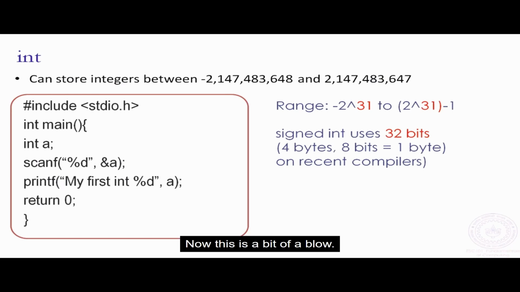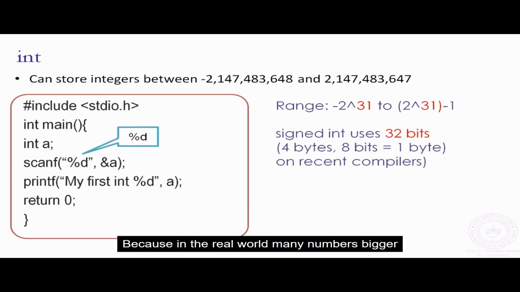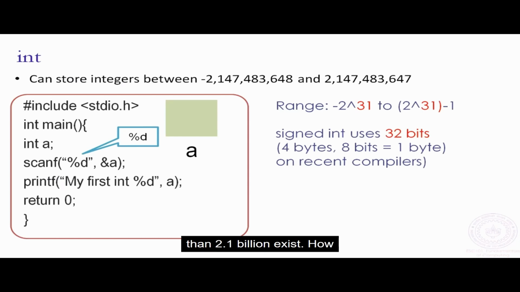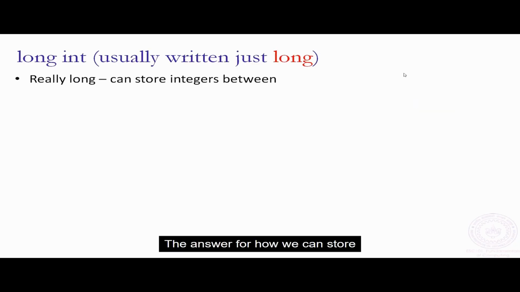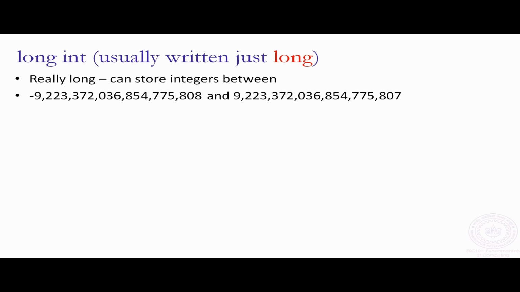Now, this is a bit of a blow because in the real world, many numbers bigger than 2.1 billion exist. How do we store those? We'll look at the answer as we go further into our discussion of data types in C. The answer for how we can store long numbers in an int box is to just use a bigger sized box.